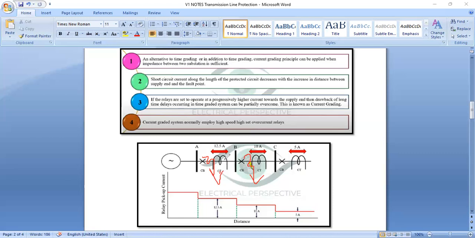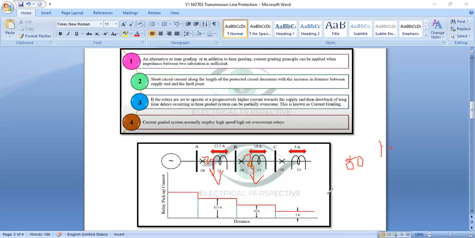So for proper discrimination, the relays are said to protect only 80% of the line.